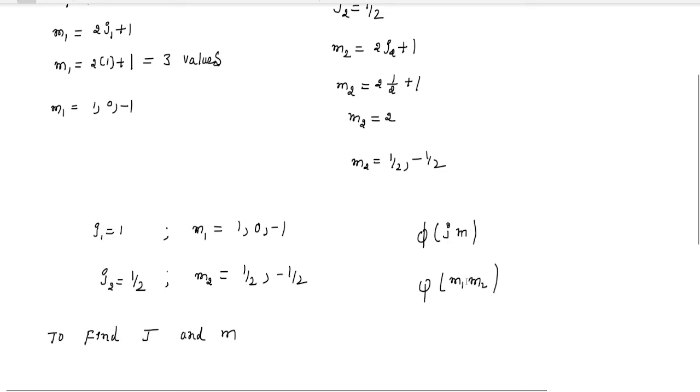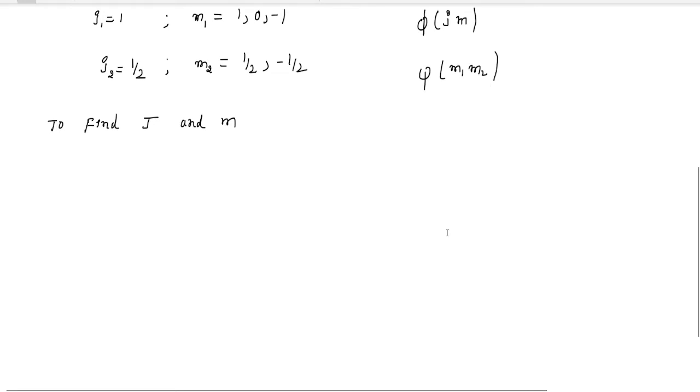If I find the m1 m2 values, then I can get j1 j2, then I can add j1 plus j2 and get the j value. Okay, so here I'm going to find the j and m values.